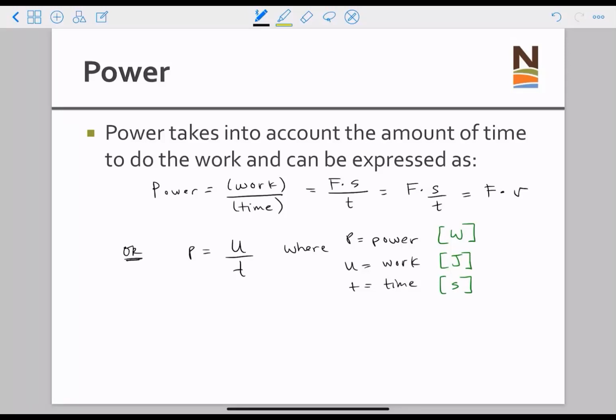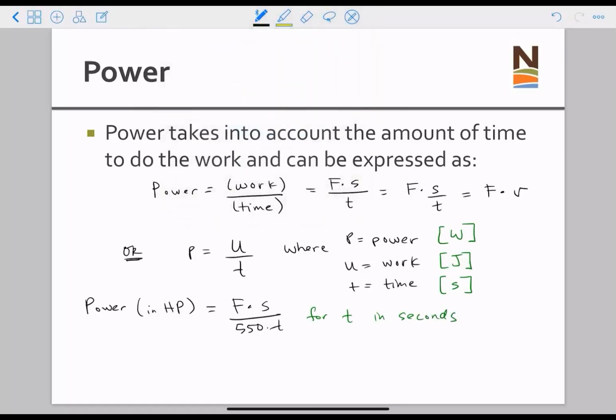But when we're dealing in the US customary units, you're typically dealing in horsepower. Okay, so if we want to be able to convert to horsepower, let's say power in horsepower is equal to F times S over 550 times T. And this is specifically if we have T in seconds.